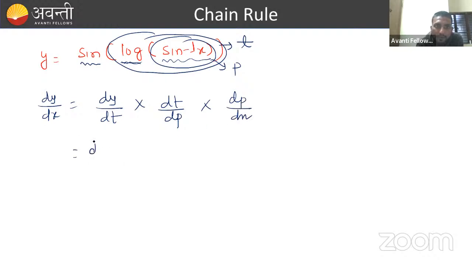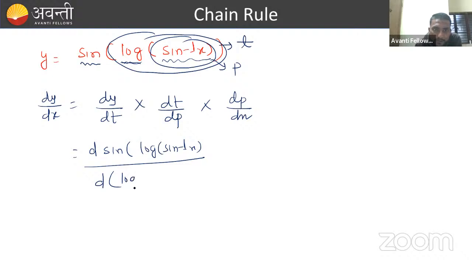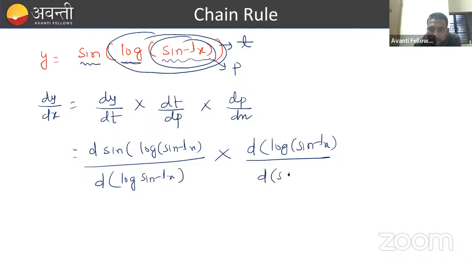What is dy? In place of y I will write d of sine of log of sine inverse x, because this whole is y, divided by dt. What is t? This is log of sine inverse x. Then again we go inside: d of log of sine inverse x divided by d of sine inverse x, and then d of sine inverse x divided by dx.